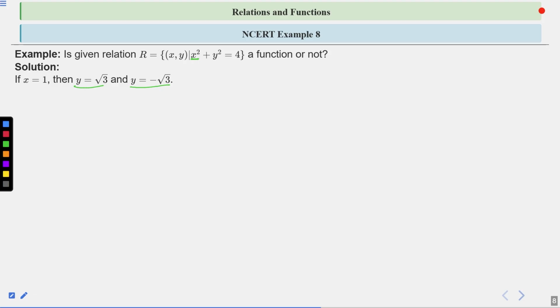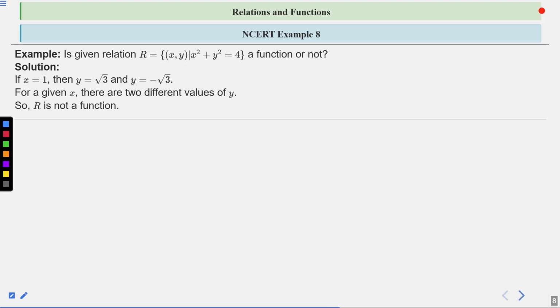So can you have the solution for y square is equal to 3? Yes, we are getting two solutions. One is plus root 3, another one is minus root 3. So for a given x, there are two different values of y. So R is not a function. Clear?